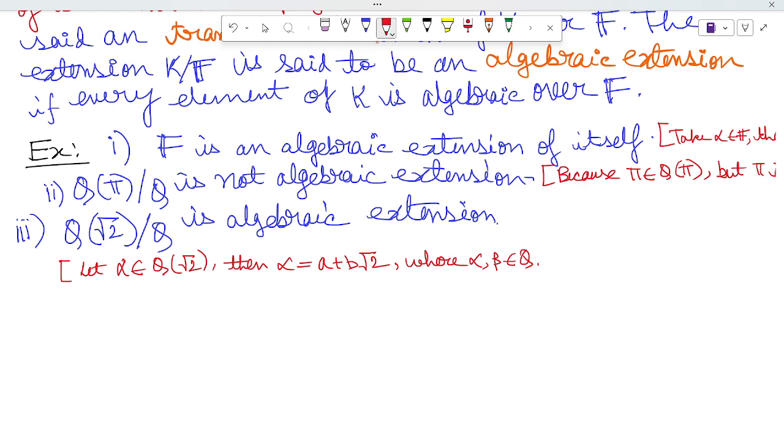Now alpha minus a equal to b root 2, which implies that squaring, (alpha minus a) squared equals 2b squared, which implies alpha squared minus 2a alpha plus a squared minus 2b squared equal to 0.